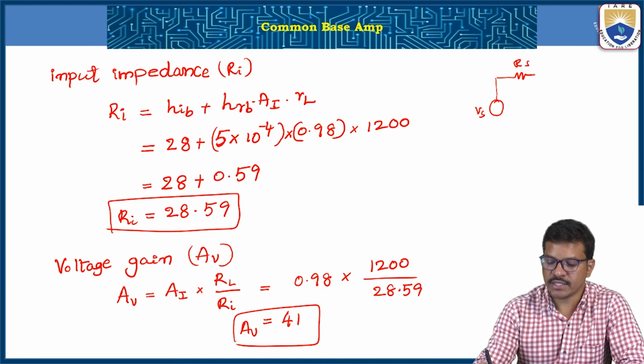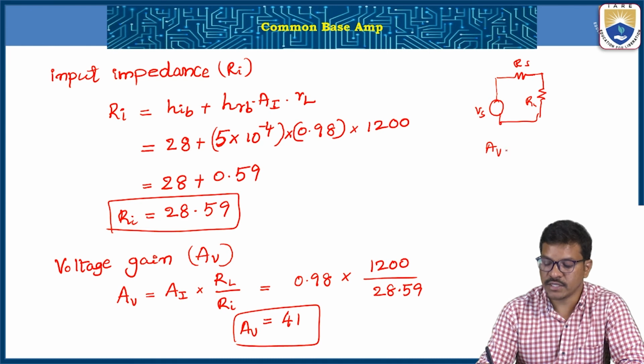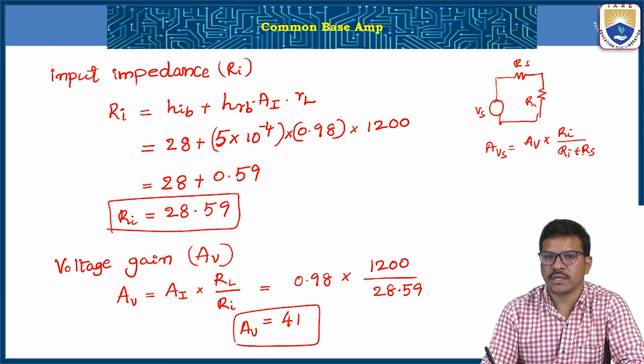We have already found the input impedance Ri. So what will be the overall voltage gain including the RS and the Vs? We will get AVS is equal to AV into Ri by Ri plus RS.